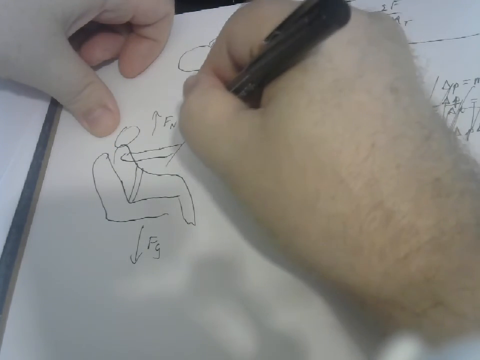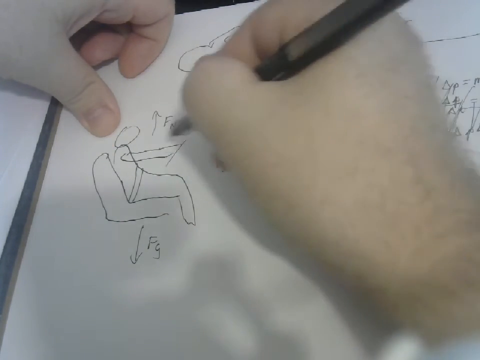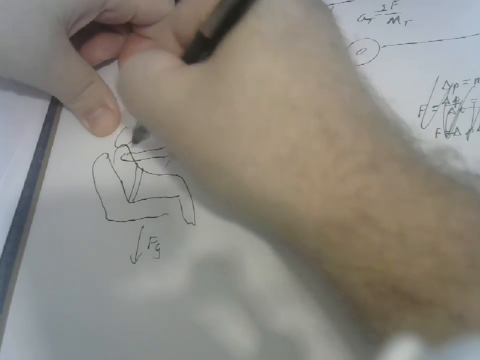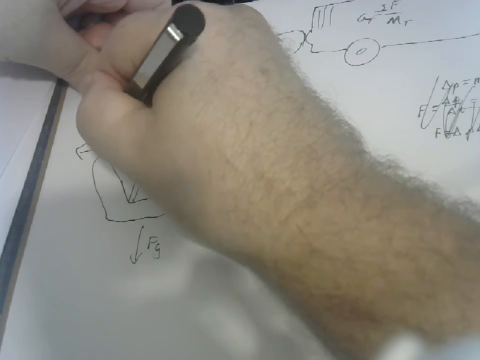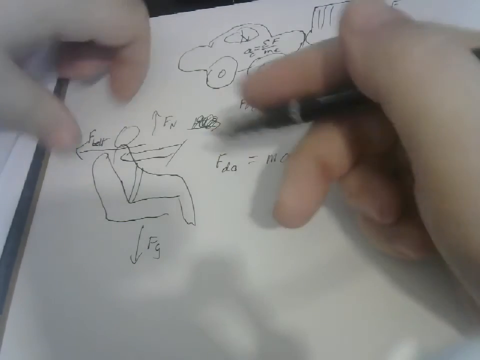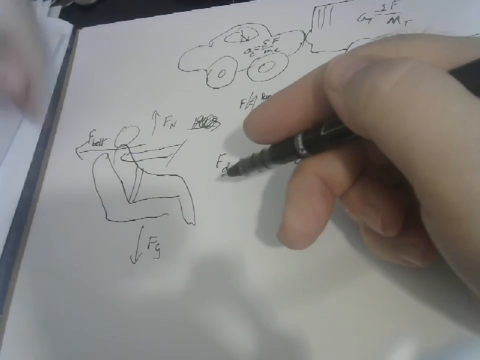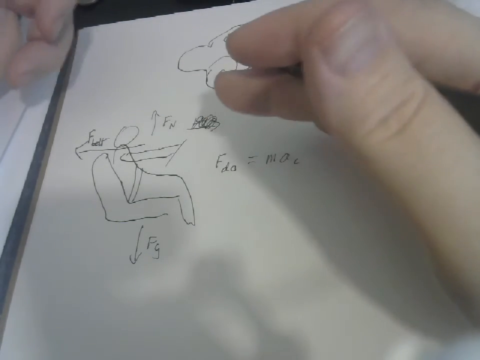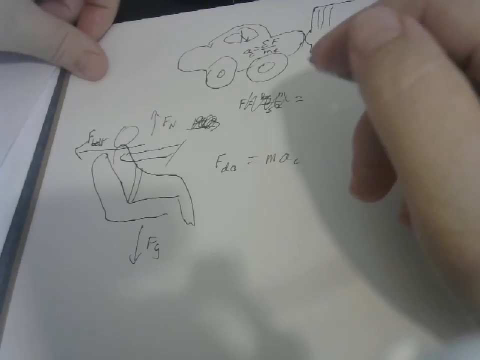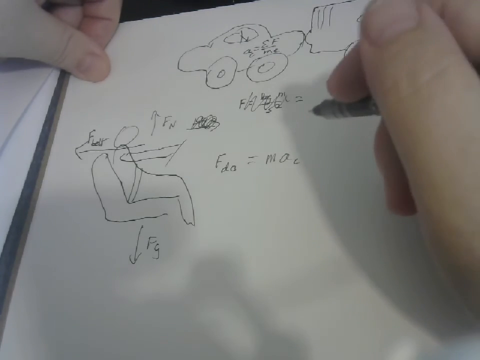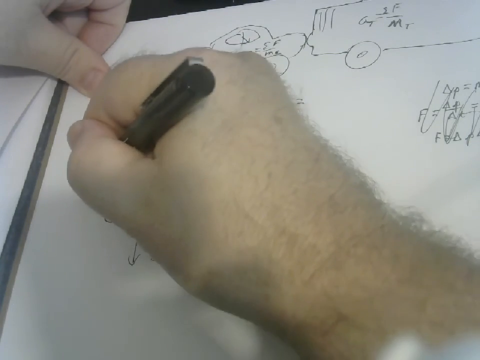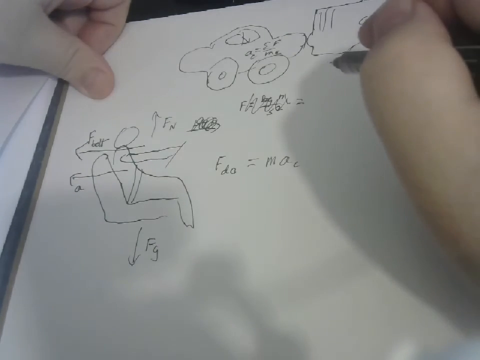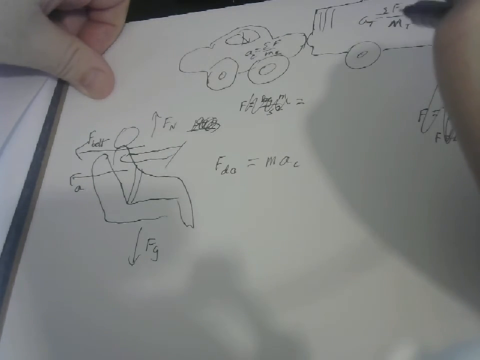Wait, no, actually, I'm wrong. He's going to be pushed by the belt. He's going to have force of belt going this way. And there's not going to be much force between the back of the chair and him because he's being pulled back by the belt, and that's the only force that's going to be acting on him that's not canceled out. And his acceleration is also going to be that way, as he is being slowed down by the belt.